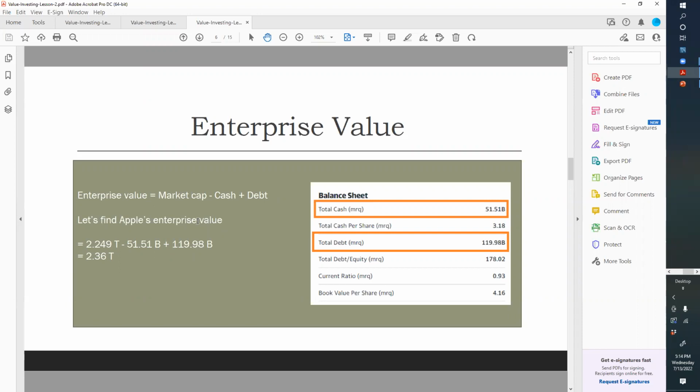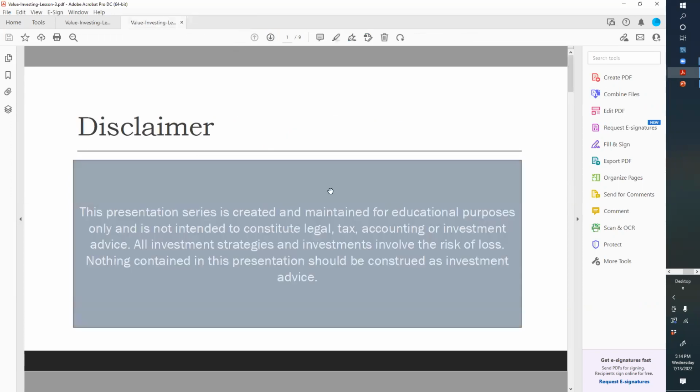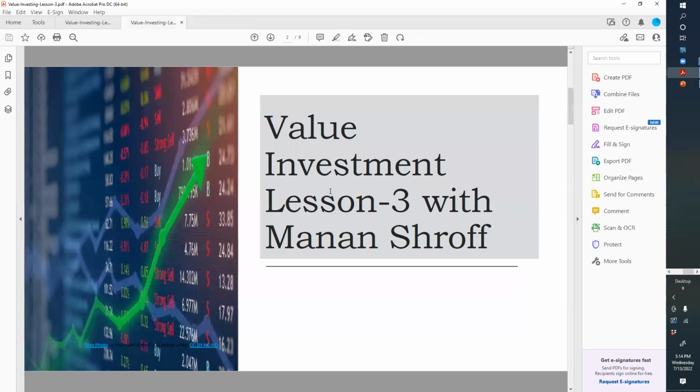The enterprise value is the major one, but the other one is minor. Just make a note that enterprise value means market cap reduced by cash and add the debt of the company. Okay, so with that, we start with this new one, lesson number 3.